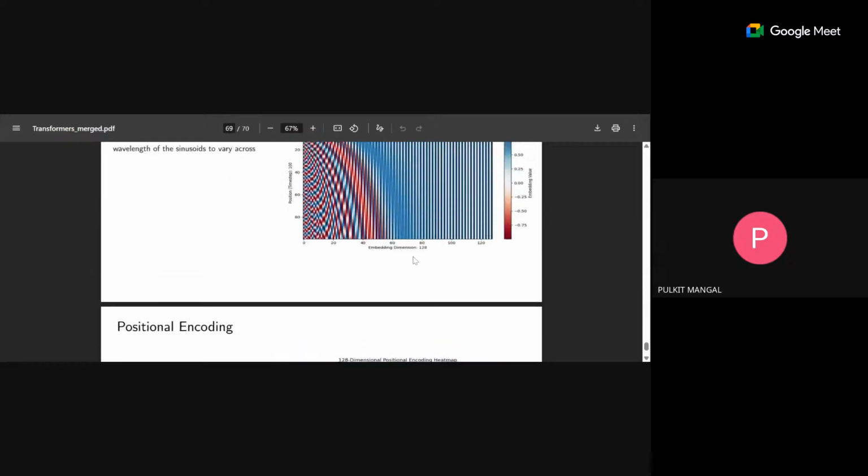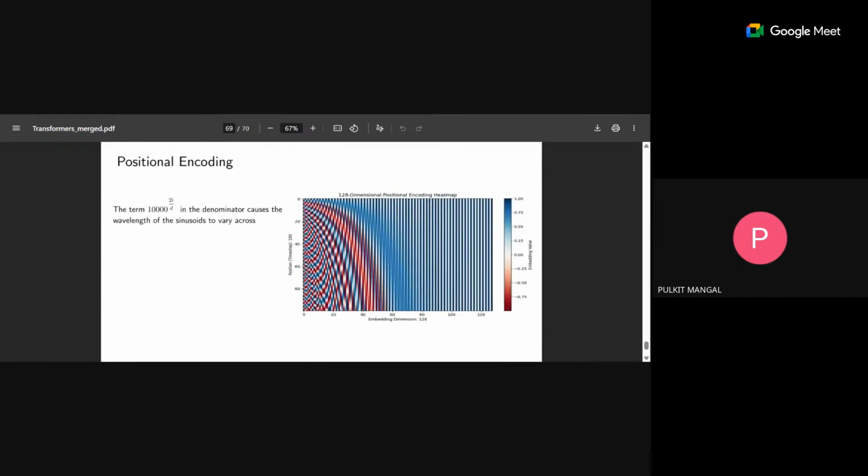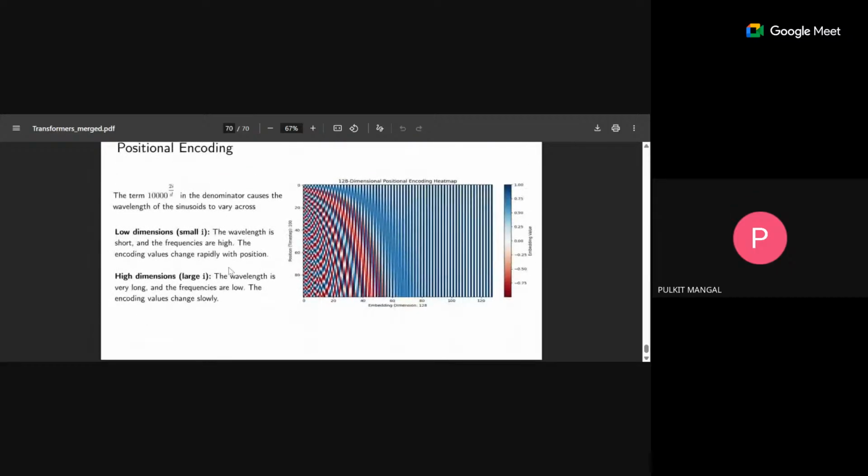Why this is useful is the denominator term that we had. It causes our sinusoidal wavelength to vary. If you choose the dimension to be low, then more words will have context to each other in the low dimension, so the encoding values will change, because if you change the permutation, it is going to affect a lot.